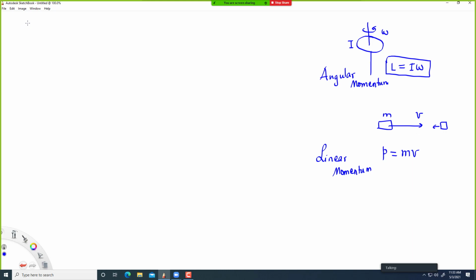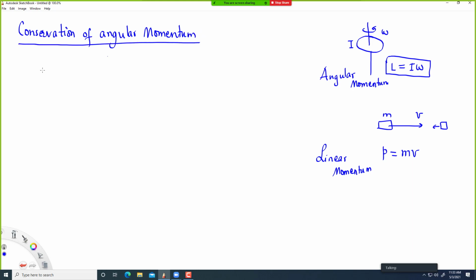Okay? So the conservation of angular momentum states that angular momentum before is equal to angular momentum after.